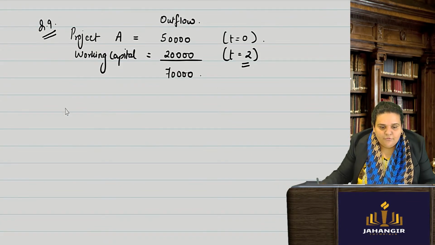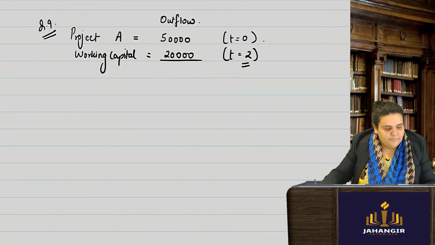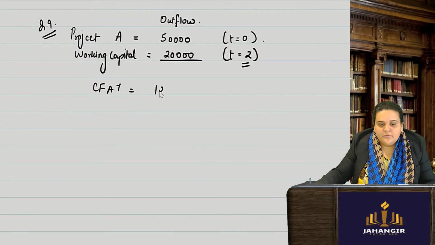So PV outflow, my discount factor rate, I'll just write the given first. Cash flow after tax is given as 12,000 per annum. Number of years is 5 years. Then they are telling me terminal value.